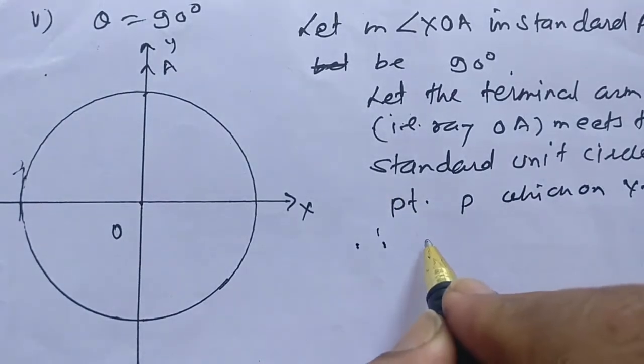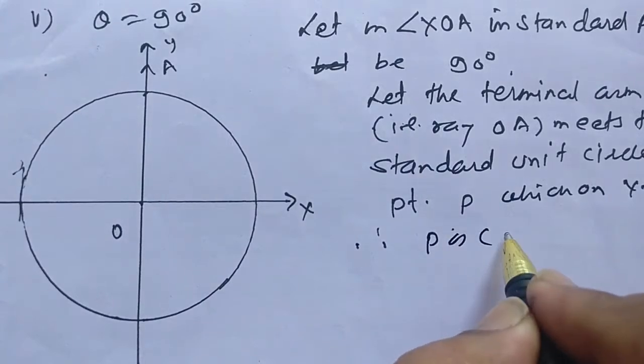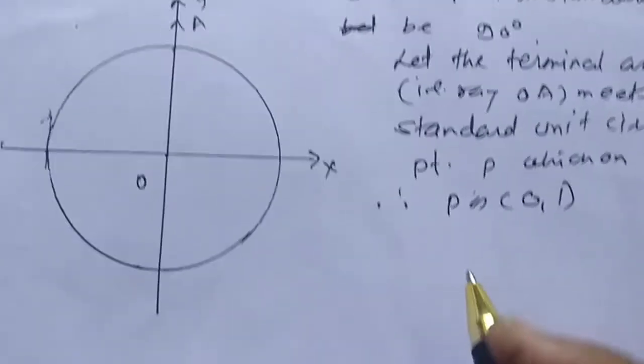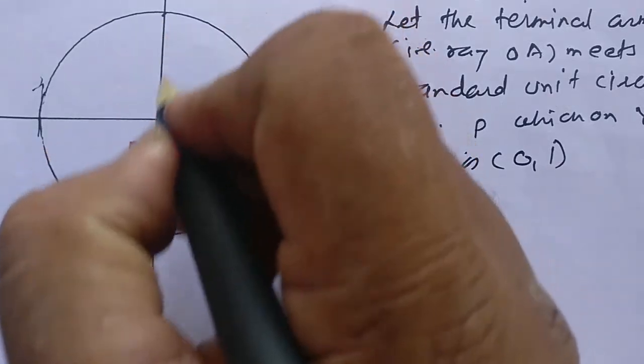Therefore, P is (0, 1). Its coordinate is (0, 1).